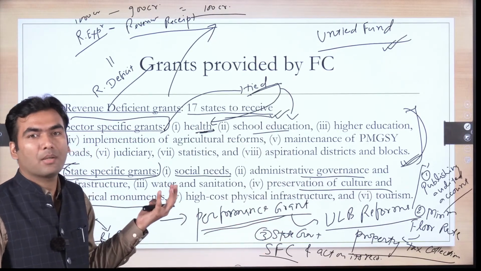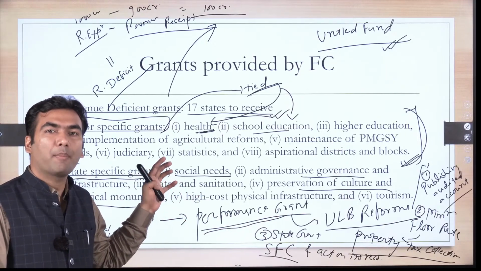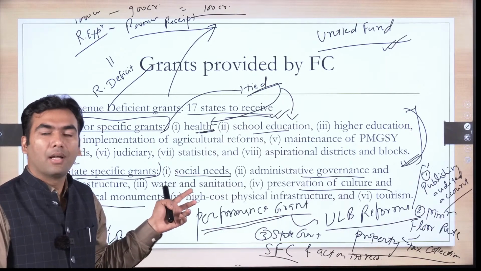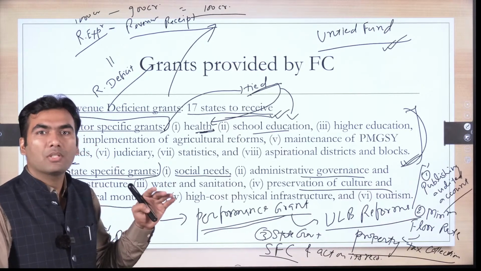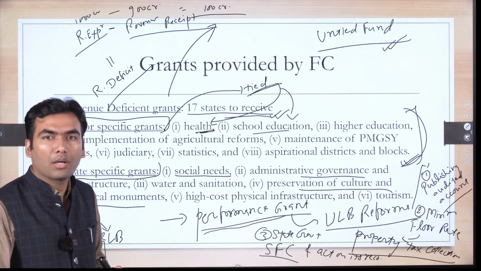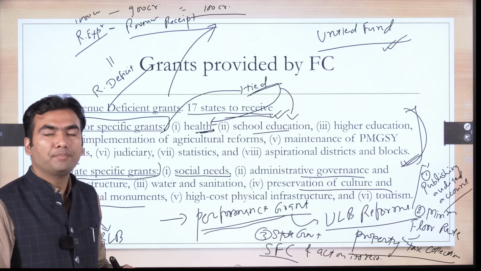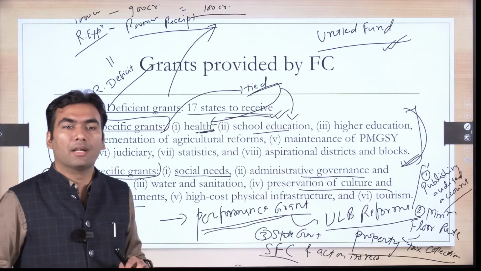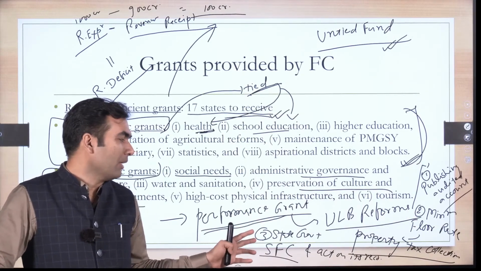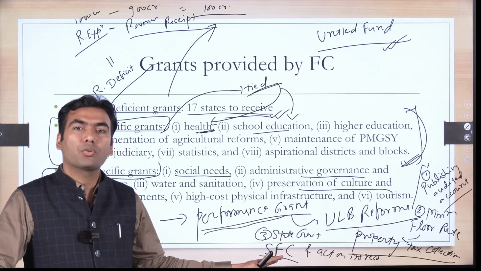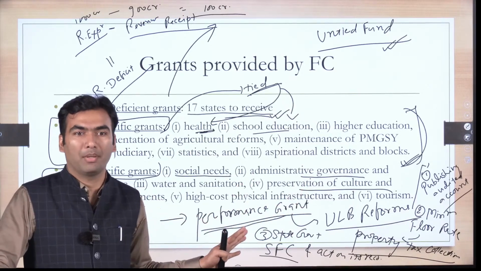So, what does a state finance commission do? It decides the same thing which happens between the center and the state, which has to happen between a state and the local bodies: how much of the state tax collection would go to the local bodies, and how it would be distributed among various local bodies. For that purpose a state finance commission has to be constituted. It will give its recommendation and those recommendations should be implemented.